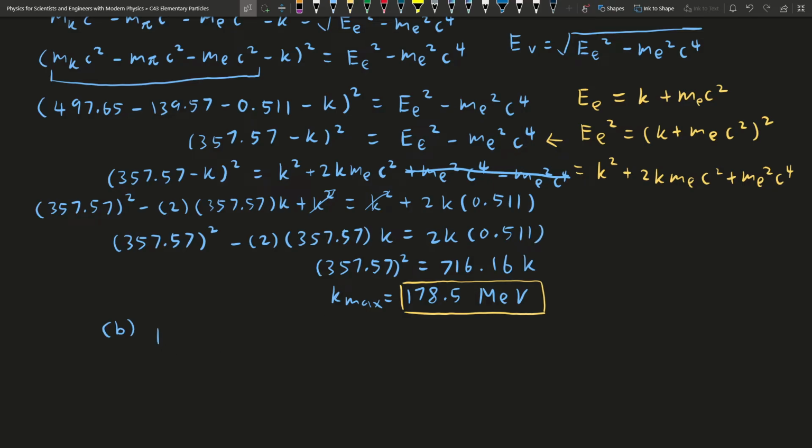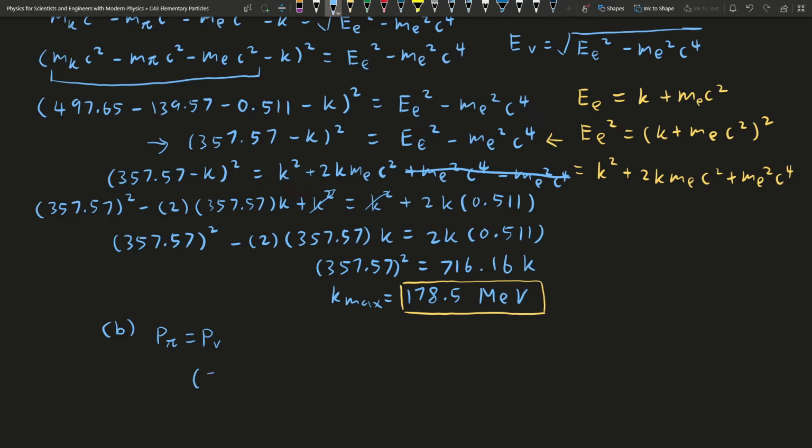Of course the assumption we made is that the momentum of this pion is equal to the momentum of the neutrino, and you go through the same process. The only thing we have to make different is that this E_e becomes E_pion, and this m_e becomes m_pion.